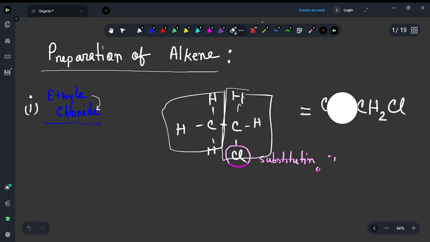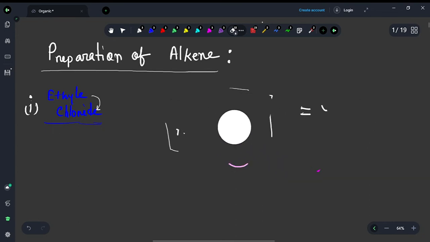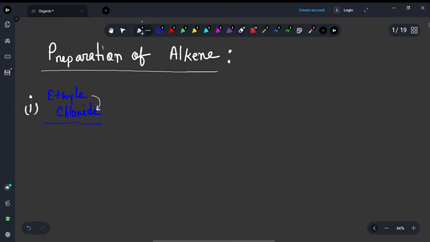So now we move on to our main discussion of preparation of alkene. So from ethyl chloride. So we just saw ethyl chloride, which is C2H5Cl, and from that you're just gonna add NaOH.